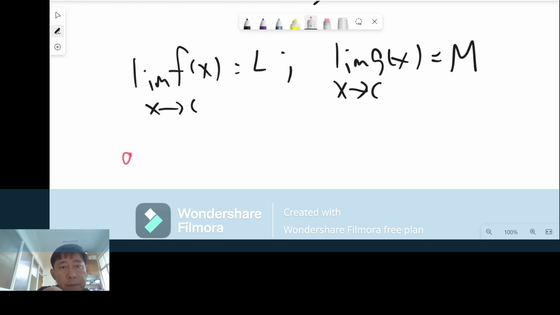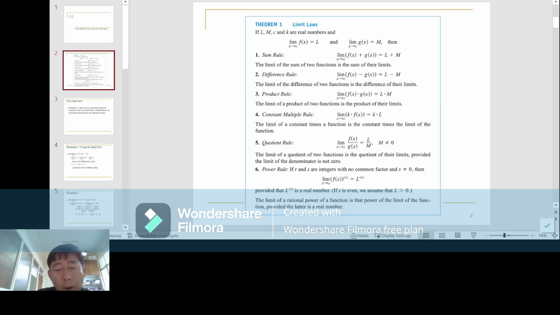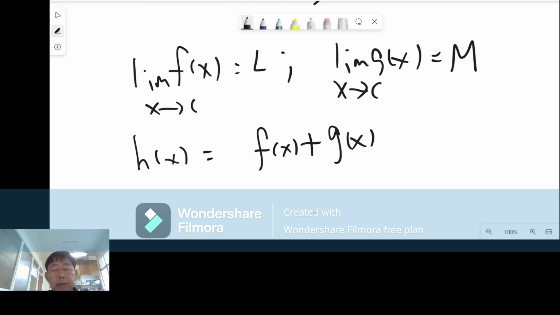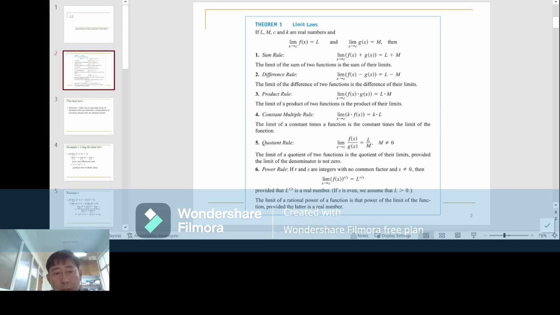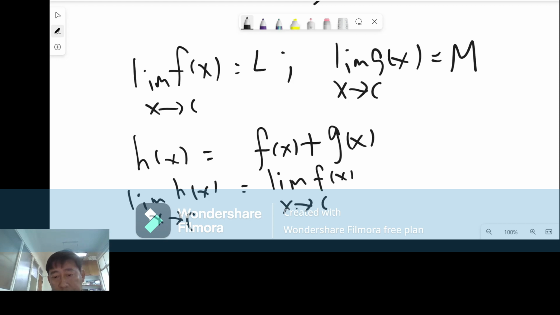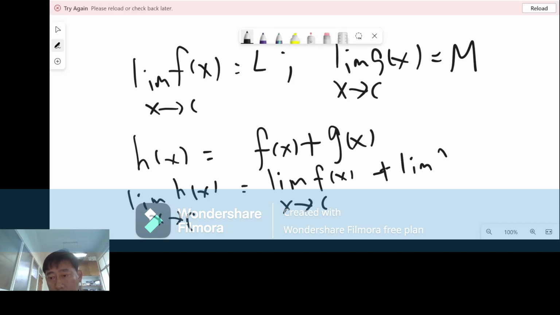In the first part of theorem number 1, it says if you have a new function h, where the new function h can be expressed in terms of f and g, such that h is just the sum of f and g, then according to theorem number 1, the limit of the function h of x at the same point c is just equal to the sum of the limit of f at the point c and also the limit of the function g when x tends towards c.